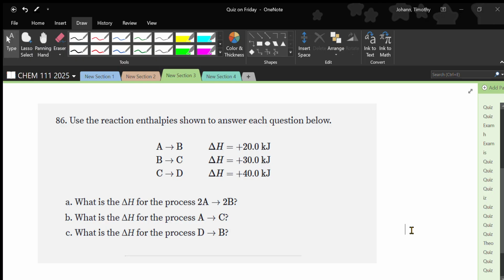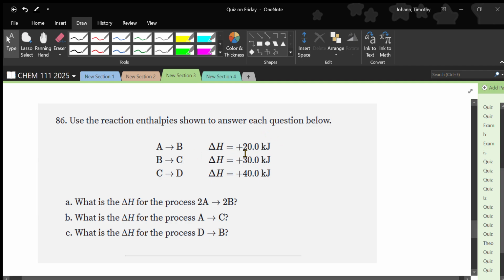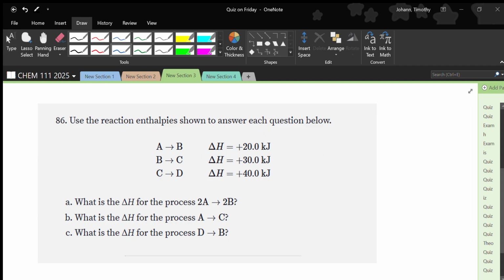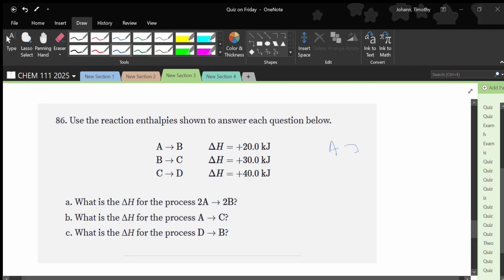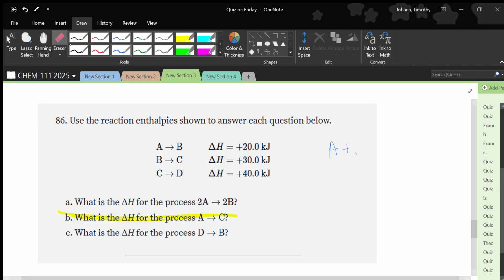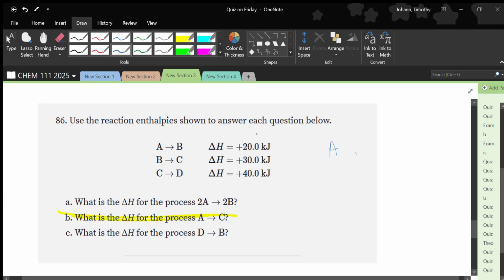So what's the enthalpy for the process of A goes to C? All right, well, I know that if I take A goes to B, so I'm doing this one, sorry, I'm having problems with arrows here, goes to B, okay, that's going to give me an enthalpy change of 20.0 kilojoules.